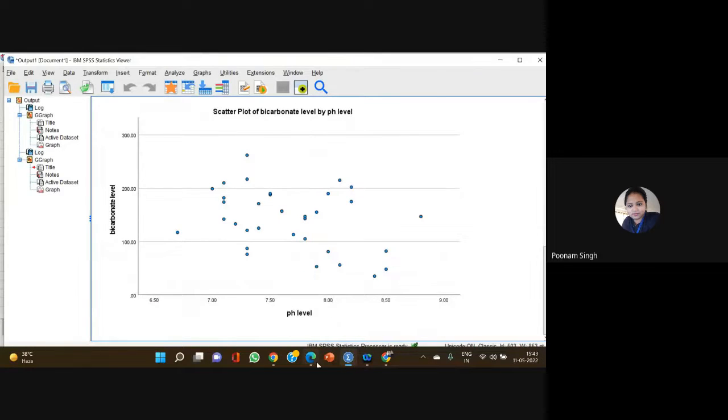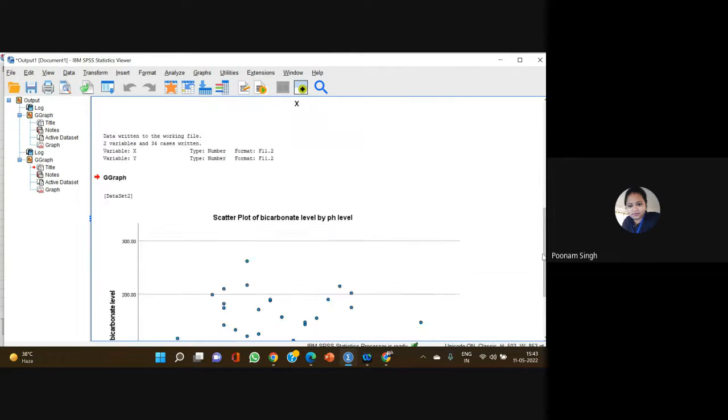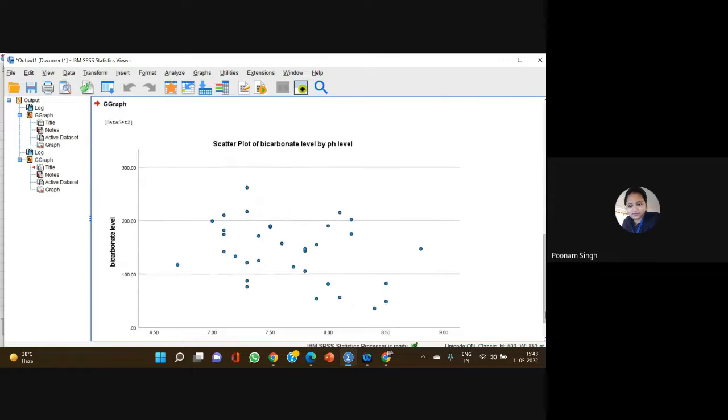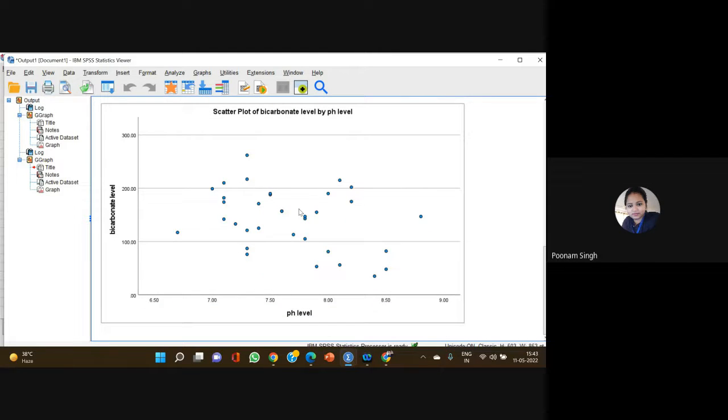As I told you, I have changed the names in the label section, so the names now are pH level and bicarbonate level. In the previous one I haven't changed them, so they show x and y, whatever was written in the variable section. So this is the graph between pH level and bicarbonate level.